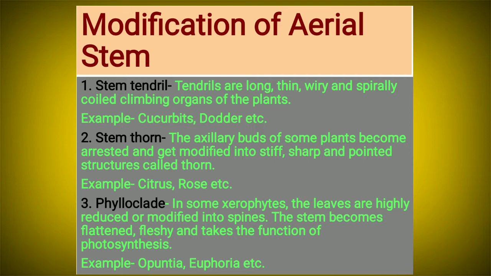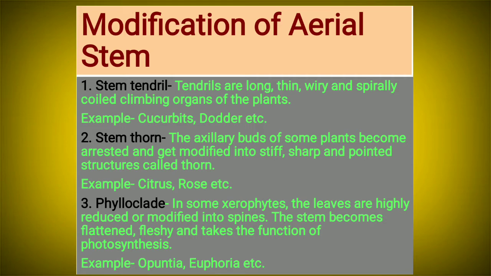And such type of tendrils we can see in cucurbits, that means in case of bottle gourd, or in case of cucumbers, etc. So these are called as the stem tendril.